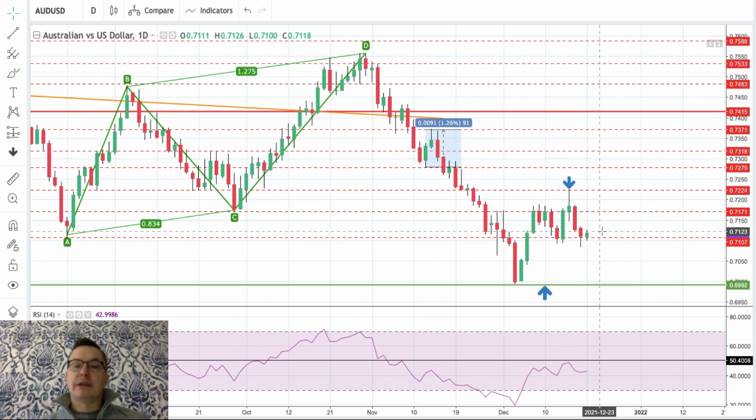It looks like right now the market will be consolidating around these two levels.